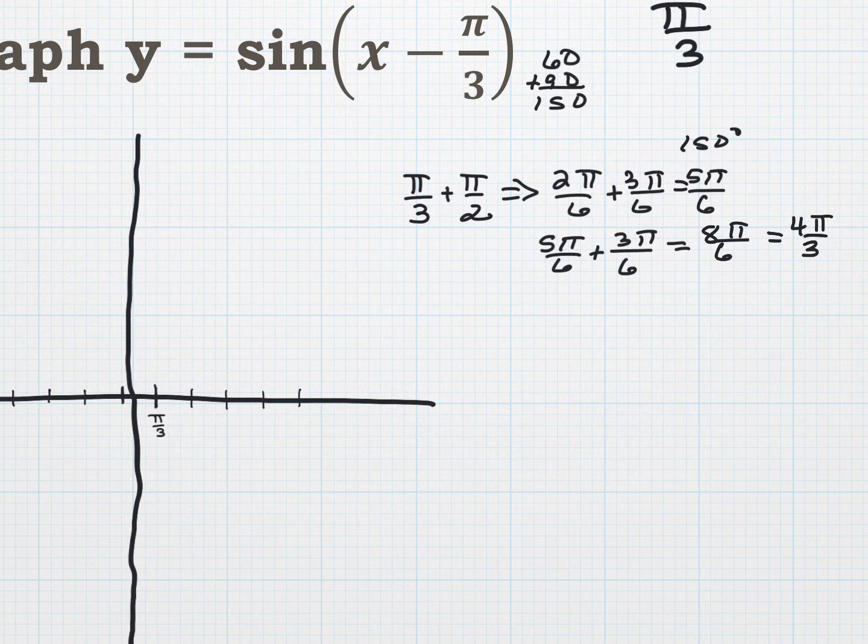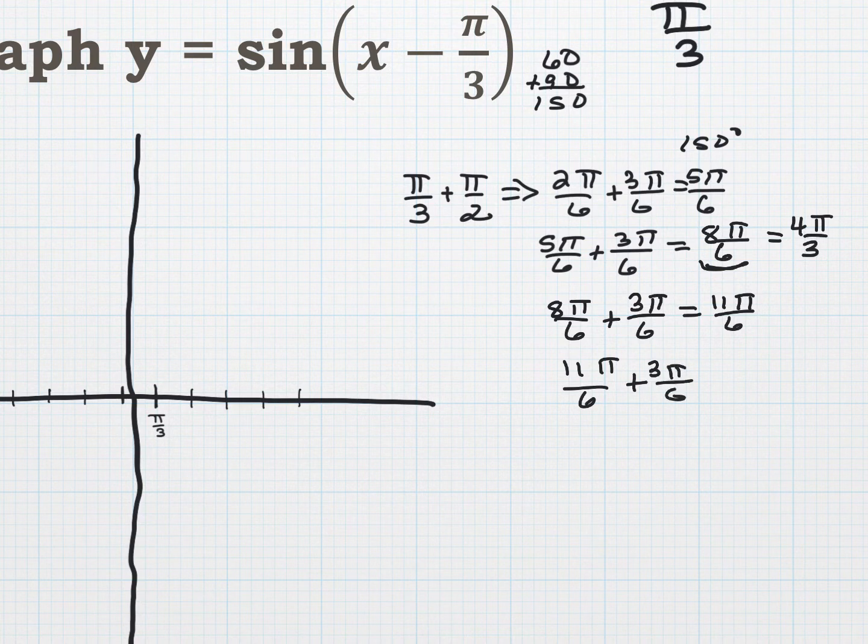But when I go to calculate my next point, I'm going to use the unsimplified fraction, because otherwise I just have to go back and find a common denominator. So let me go ahead and add 3 pi over 6 again, which gives 11 pi over 6. I'm going to do it one more time so I have 4 points. 11 pi over 6 plus 3 pi over 6 gives me 14 pi over 6. This one can be reduced as well. Now, it should be a 3.